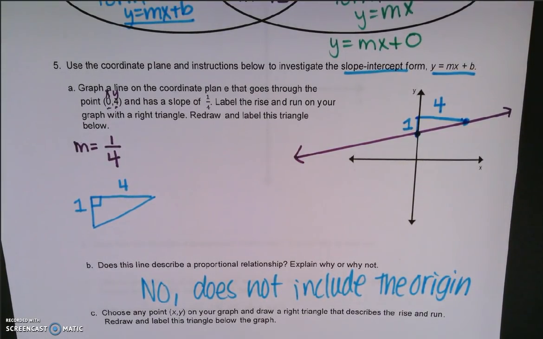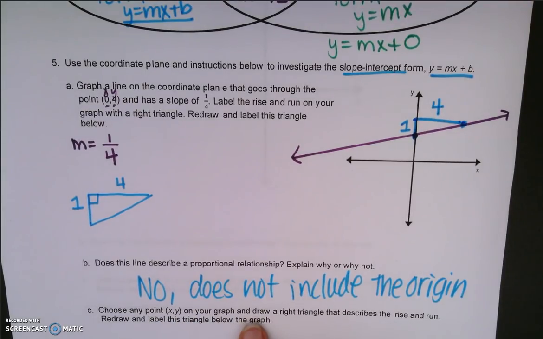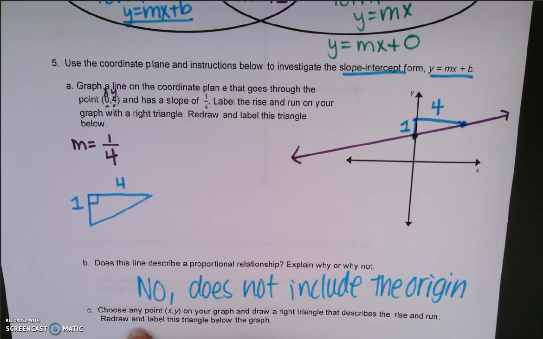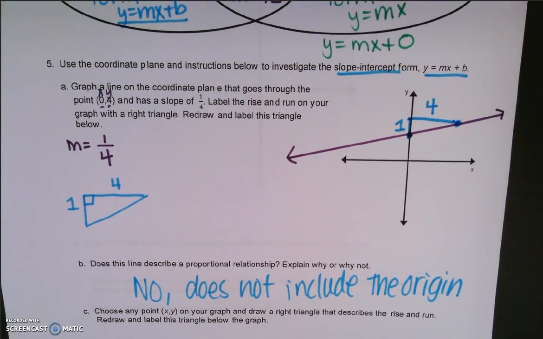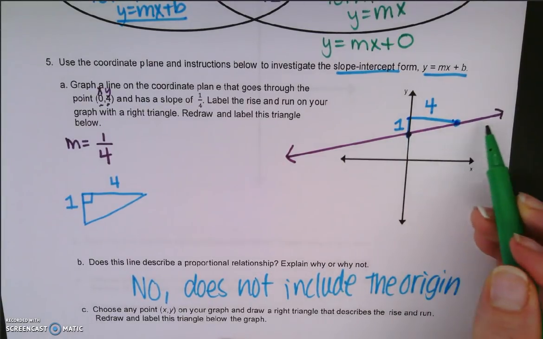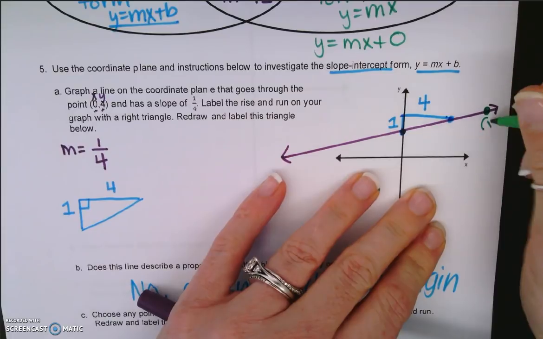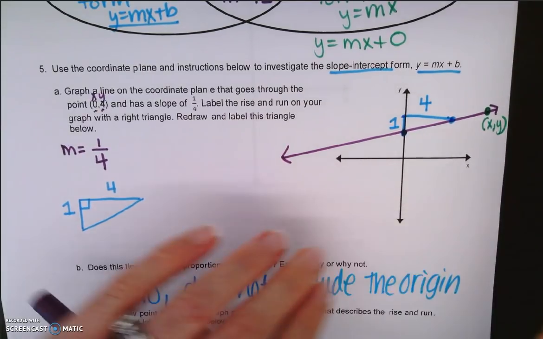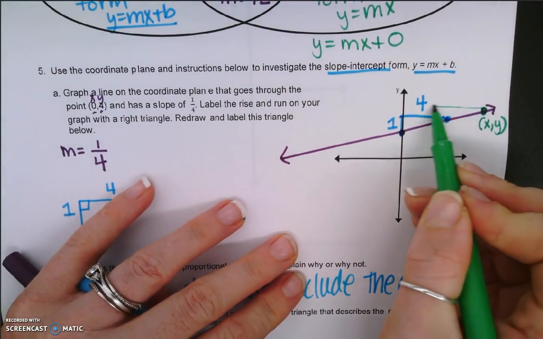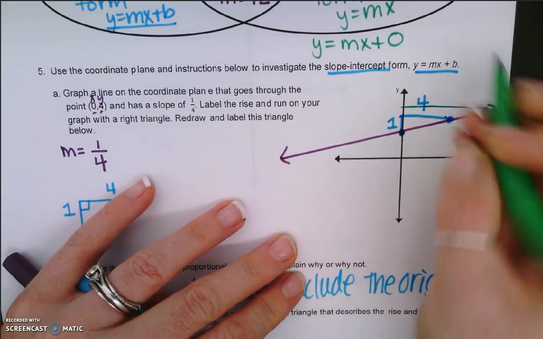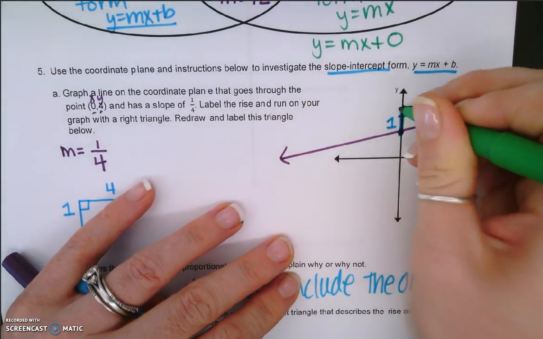It asks me to choose any point x, y in the graph and draw a right triangle that describes the rise and run. Redraw and label this triangle below the graph. So I'm going to pick, it doesn't matter which point you pick, I'm going to pick a point over here. I'm going to label that x, y. Then I'm going to go directly over to my y-axis and down just to my y-intercept.